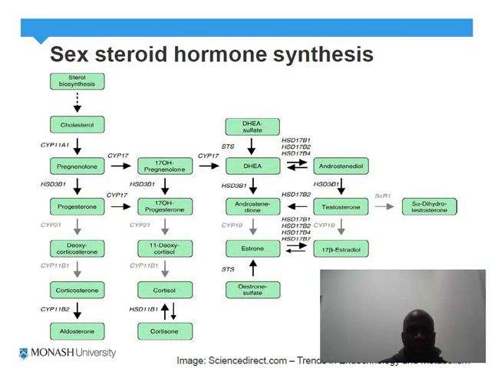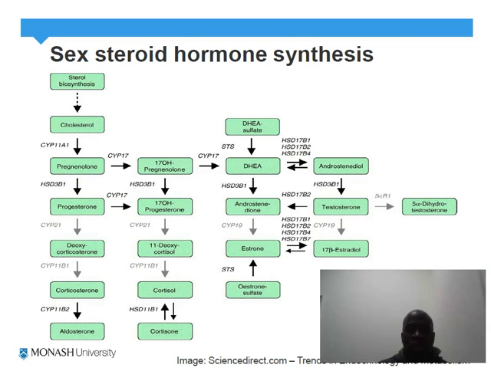For example, you have this steroid biosynthesis. You have cholesterol. Cholesterol is the beginning, and with cholesterol you have progesterone that is produced, and that also affects the production of other hormones such as androstenedione, and eventually you get estradiol, for example, estrogen. All these are produced.